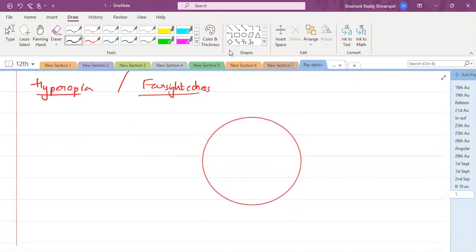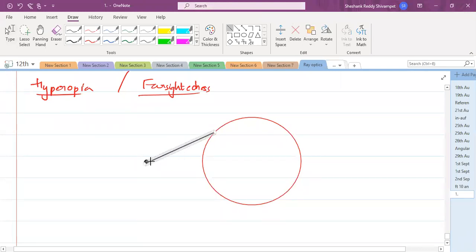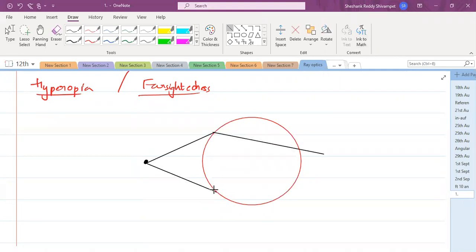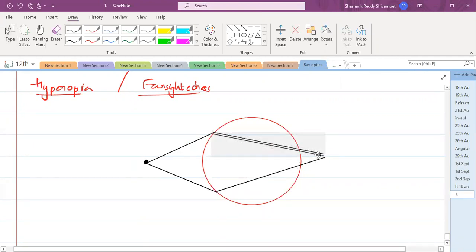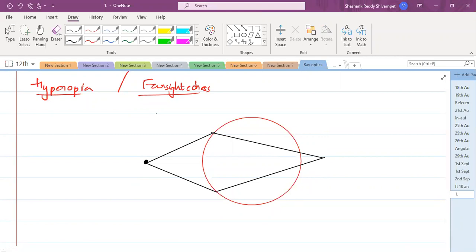And if there is any object which is near to the eye, then for near objects the image will be formed beyond the retina. Okay? Gone beyond the retina, so it is diverging more. Sorry, it is converging less.